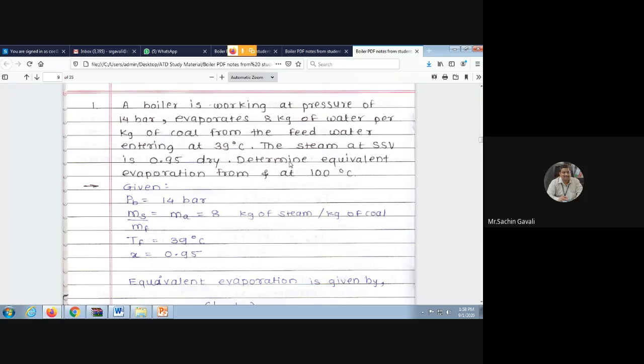Evaporates 8 kg of water per kg of coal from the feed water entering at 39 degrees Celsius. The steam at steam stop valve is 0.95 dry.